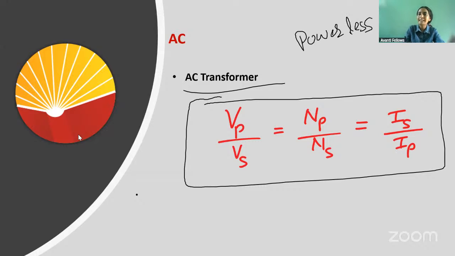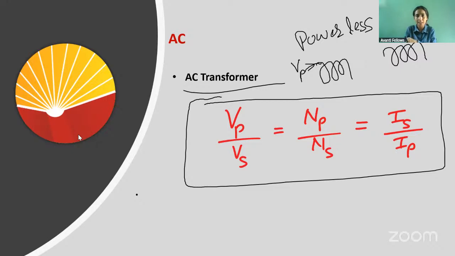In a transformer, there are two coils, the primary coil and the secondary coil. Let's say this is the primary coil and this is the secondary coil. In the primary coil, we feed the voltage, let's say VP. Then current IP is generated, so the power we are feeding is VP times IP. If there is no power loss and complete flux linkage happens, the same power will be transferred to the secondary coil.